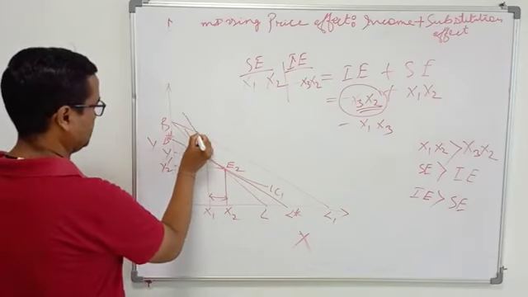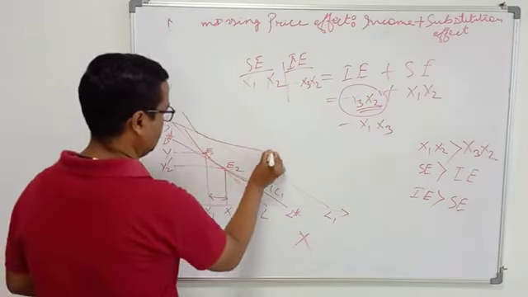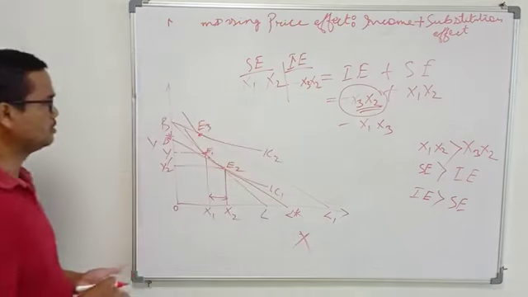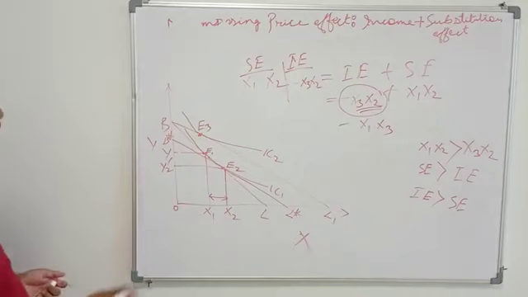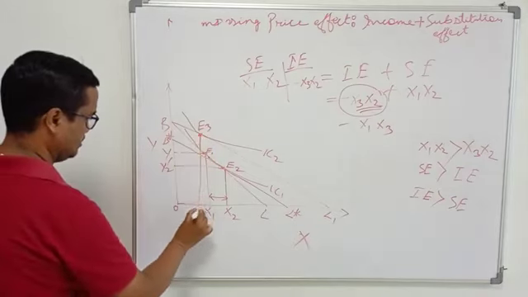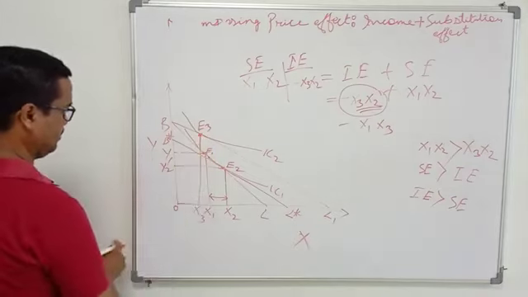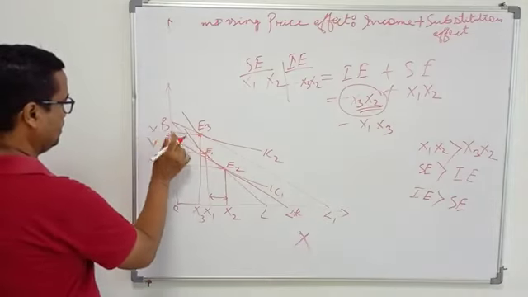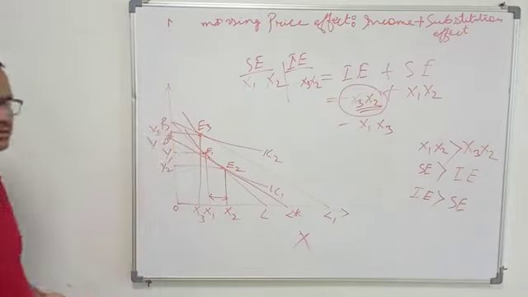Let me draw the indifference curve IC2. The consumer is in equilibrium at point E3, where he is consuming OX3 of X good and OY3 of Y good.